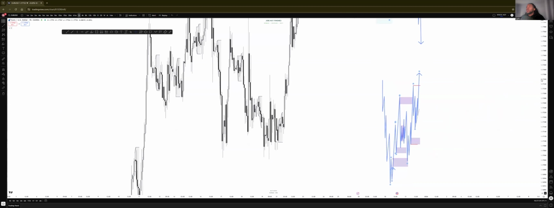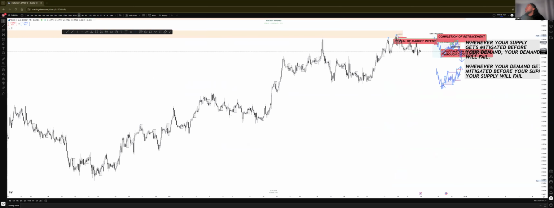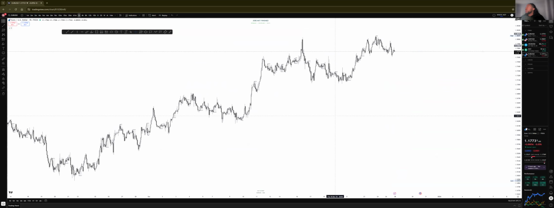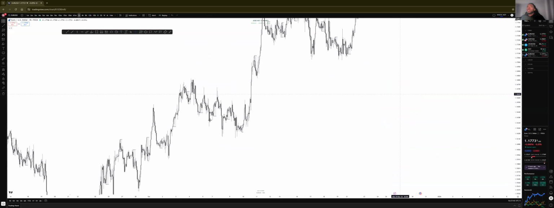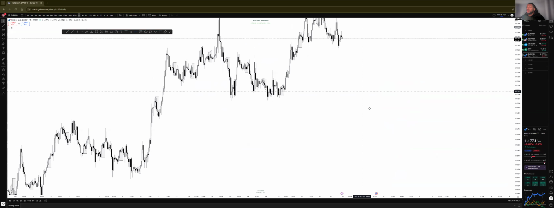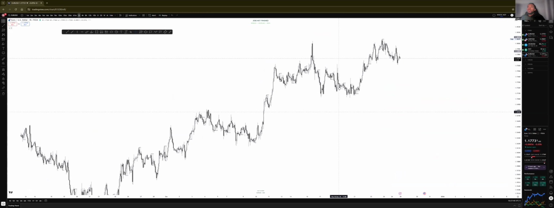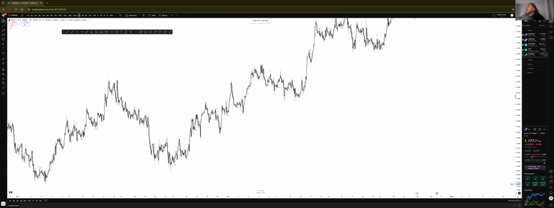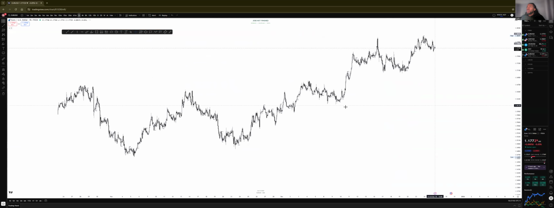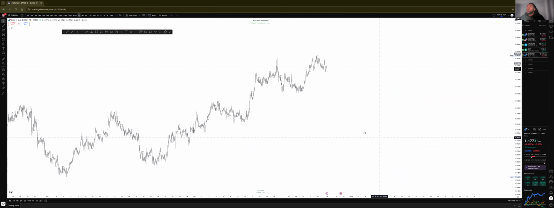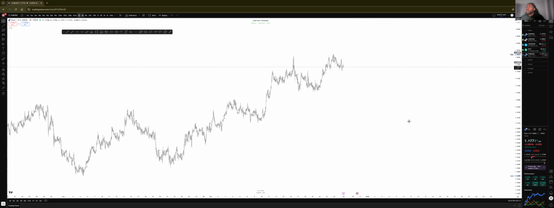Perfect. Let me use a different one, because this one's messy. Let me use the Euro on Oanda. It's the same pair, just a different broker. Okay, perfect. Look at this, for example. If I'm now trying to mark out my highs and lows, we can see just off of quickly looking at this, the internal, let me go to the 4 hour actually, because the 4 hour tells you the trend.